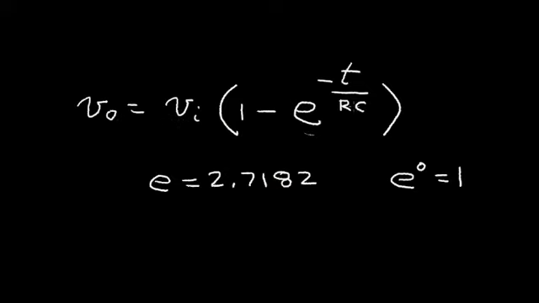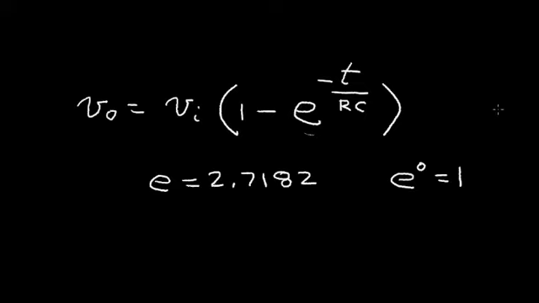So at time t equals 0, this equation seems to work. As the time becomes very, very long, this e term approaches 0, and so the output voltage in that case approaches VI. So that seems to work. So if we look at t equals 0 and t very long, this equation seems to work.